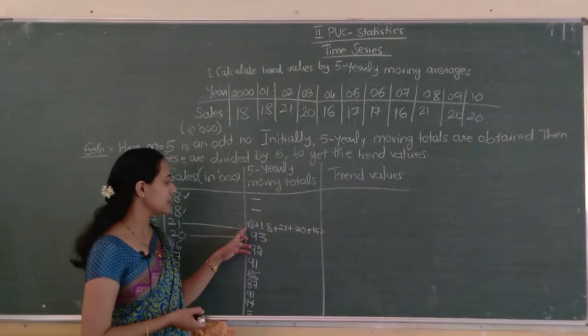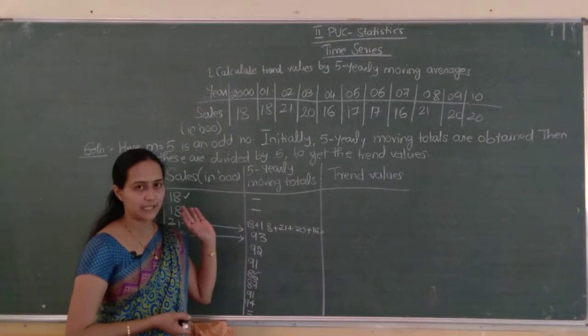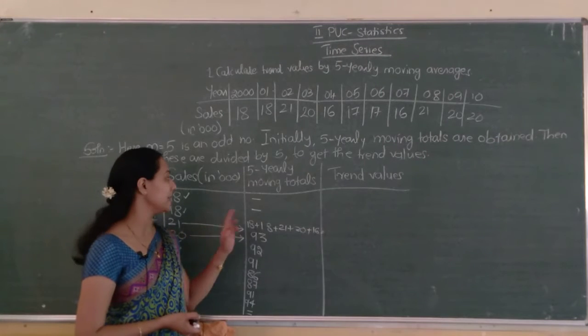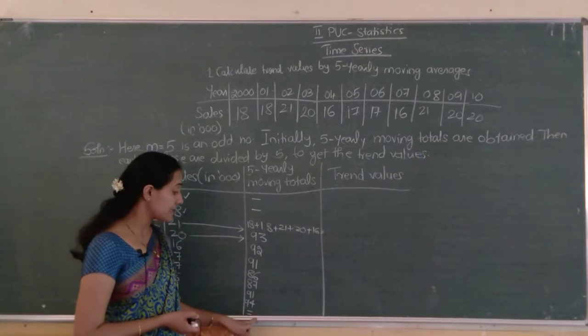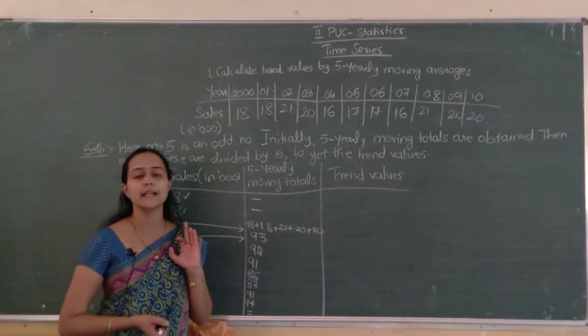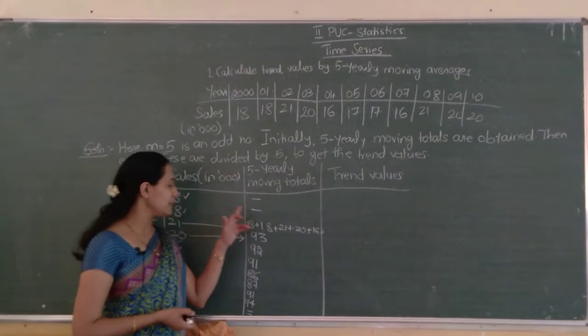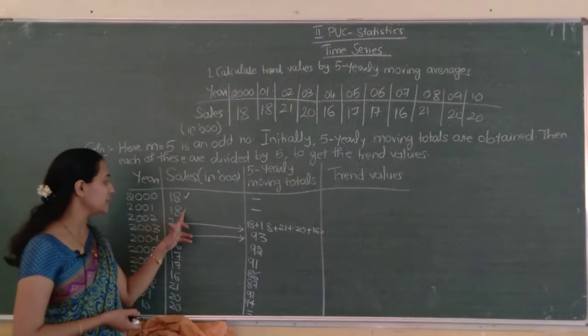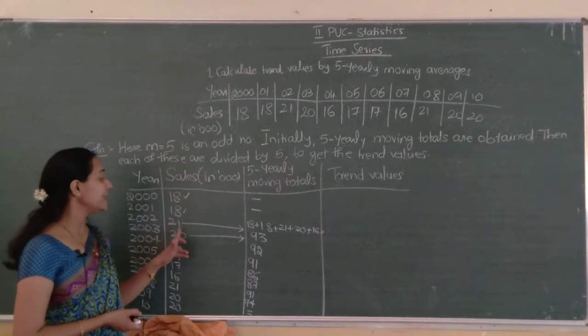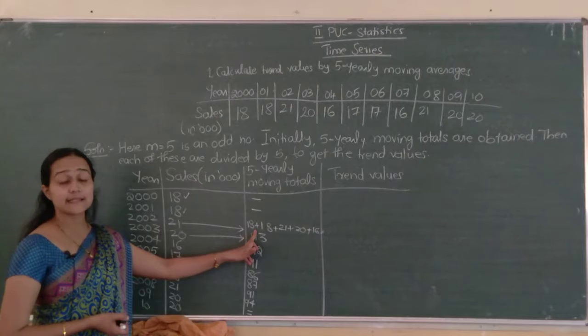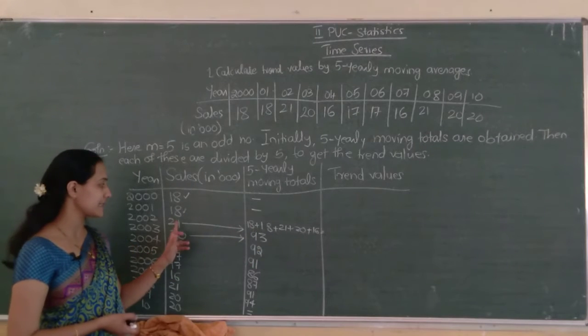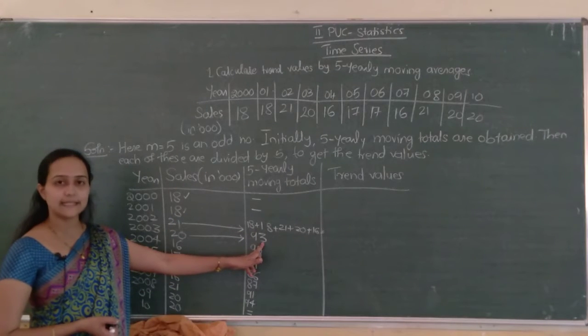Actually there is no need to write this one; if you want, you can write it for the first one. So for the first 2 and last 2 there won't be 5 yearly moving totals. Clear? The first 5 yearly moving total is of the first 5 values, 1, 2, 3, 4, 5, written right in the middlemost, against the third observation, against 21, the answer is 93.